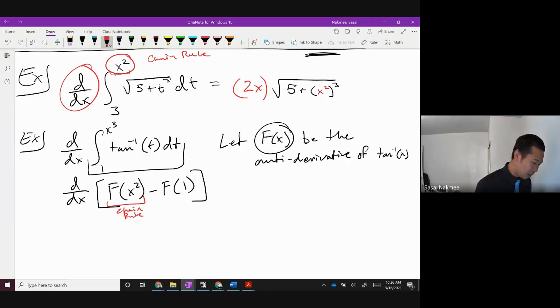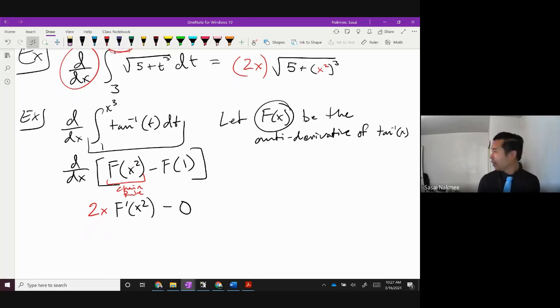Sorry, distracted. So chain ruling this, the derivative of x squared is 2x. The derivative of capital F, F prime of what I have in here, is x squared. And over here, the derivative of this is just equal to 0. But here's the kicker.